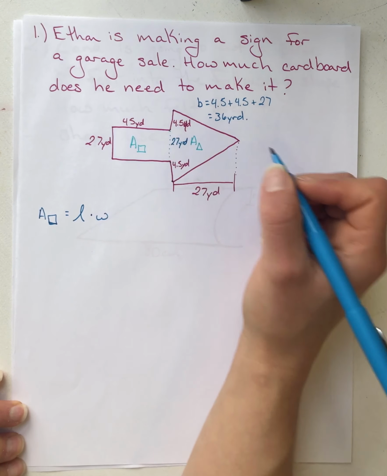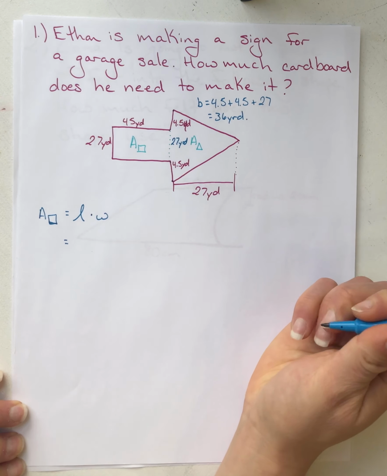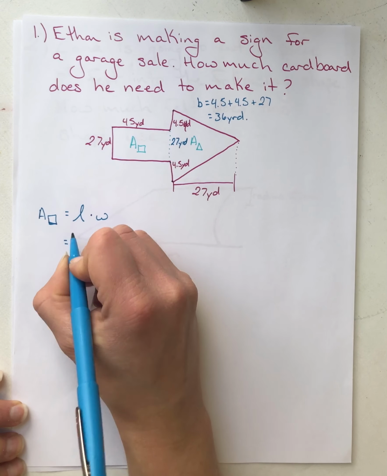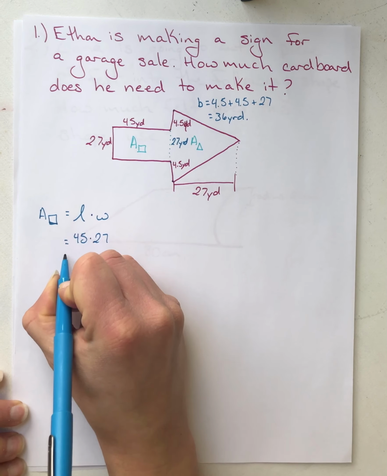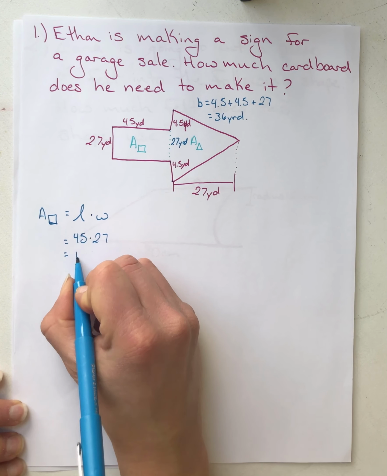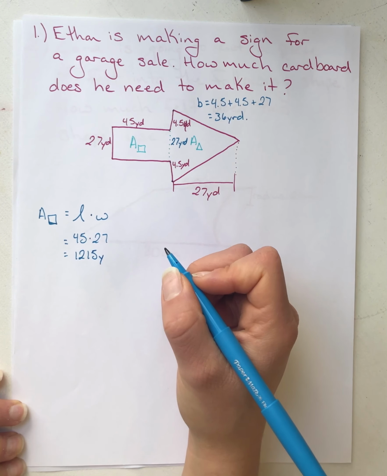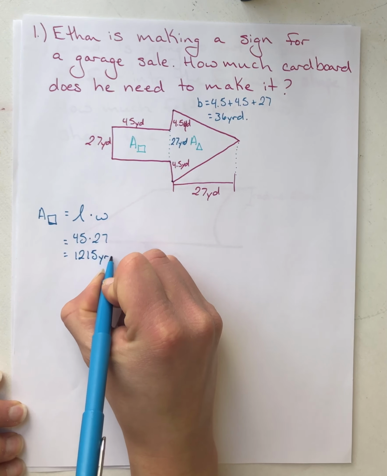I'm going to find this one first: my length times my width, which is my 45 times my 27, which is going to give me, not 115, 1,215 yards.